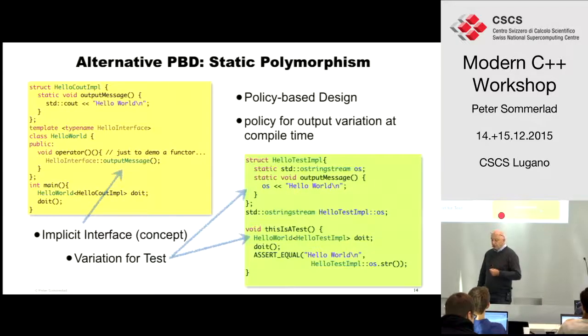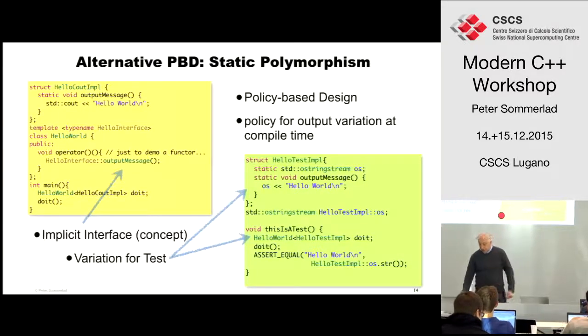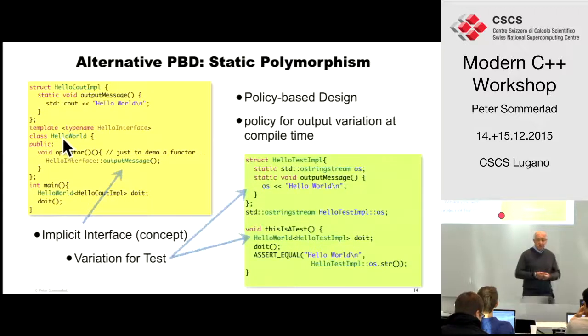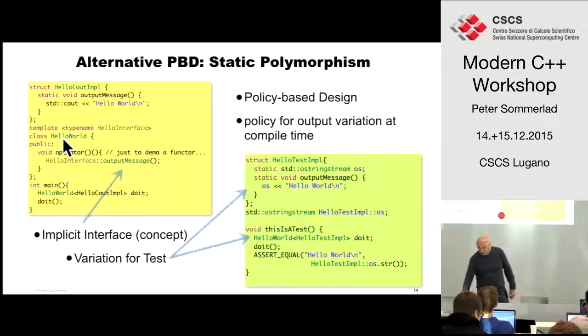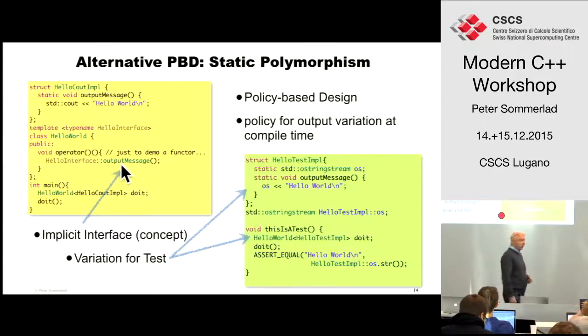What we can now do is implement the hello world class as a class template and pass in the hello interface object that we actually want to use as a typename template parameter, and we use the concept that the hello interface class provides a static member function called output message.